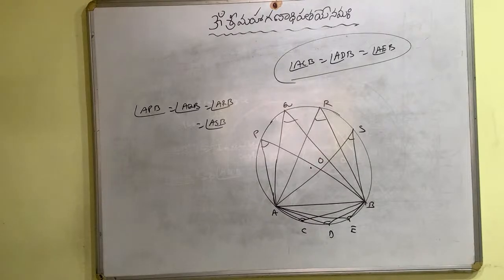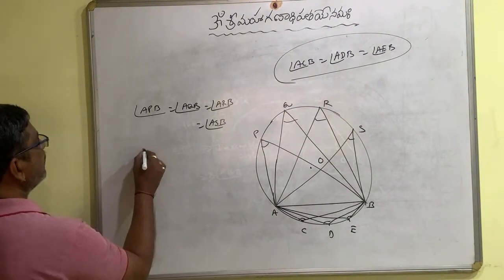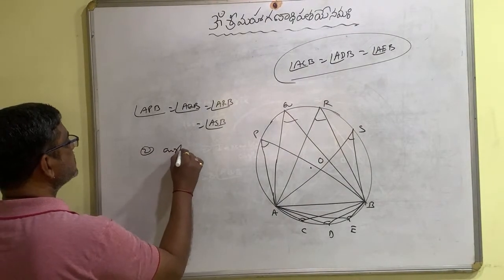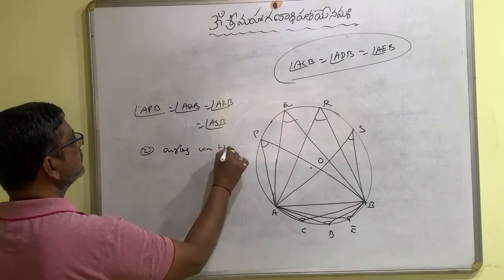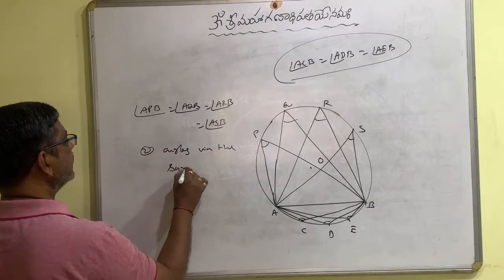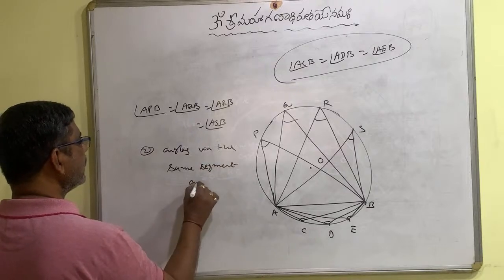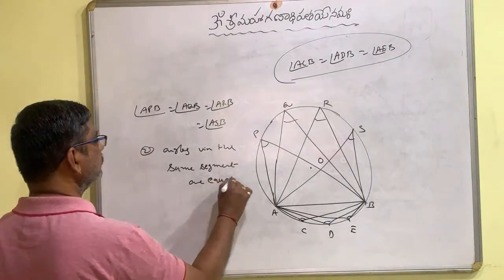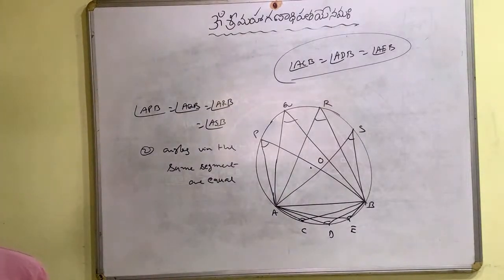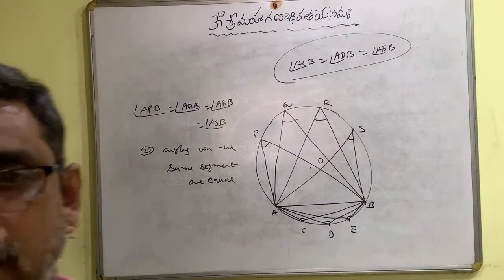This is the same property. So what we call this, this is the second property. What do we call this property? Angles in the same segment are equal.